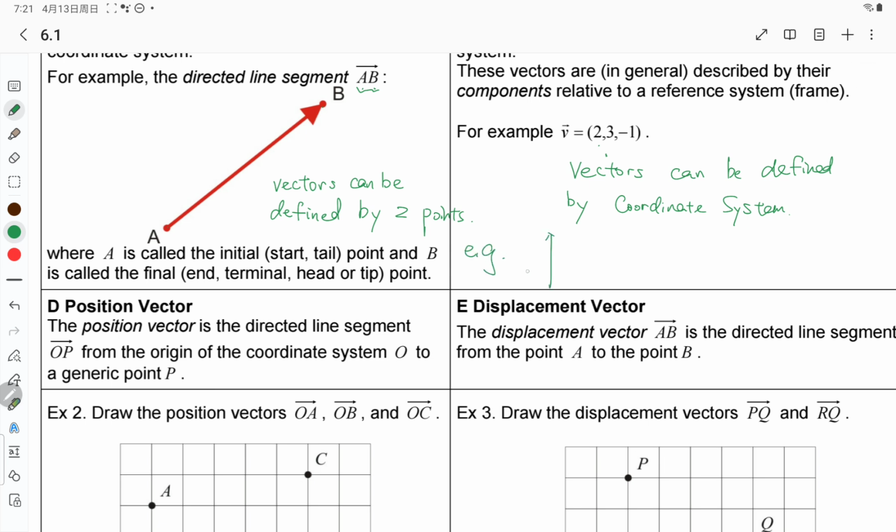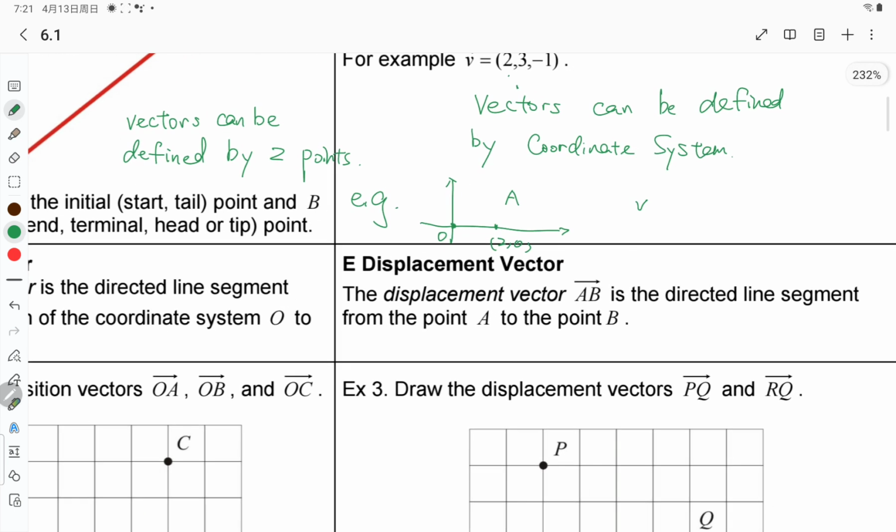To represent a vector, I think previously we also interchanged these frequently. So if you have O at the origin, and A is a point, maybe (2, 0), we can describe this vector v. Sorry, my writing is a little sketchy, but there are two ways we can write this vector v. We can write v as OA, starting from O to A, right?